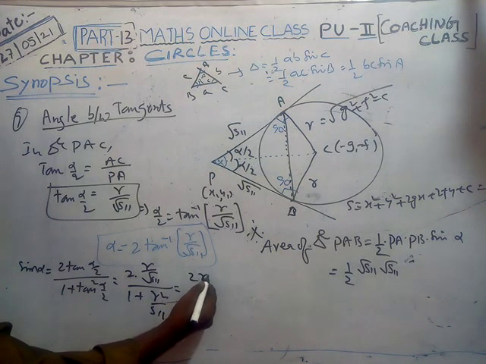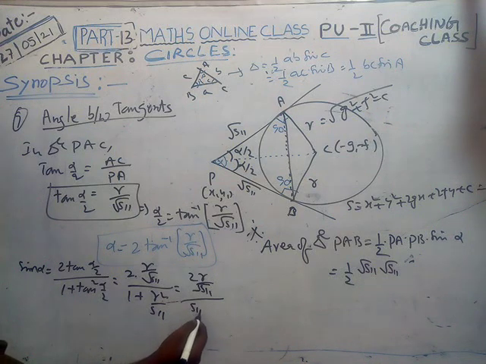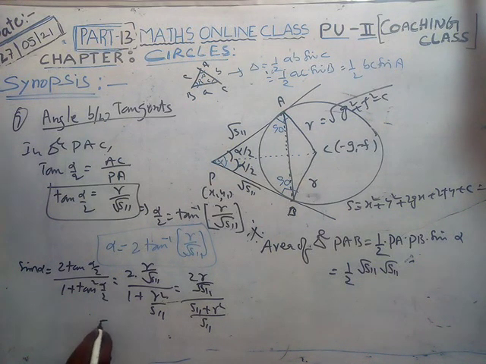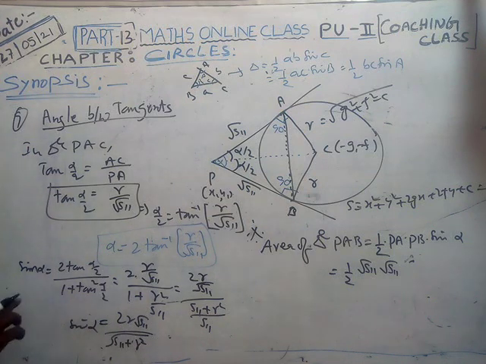So 2R by root S11, over S11 plus R square by S11. With simplification it is 2R root S11 by S11 plus R square. This is sin alpha. It's a very good concept. Sin alpha will be obtained like this.